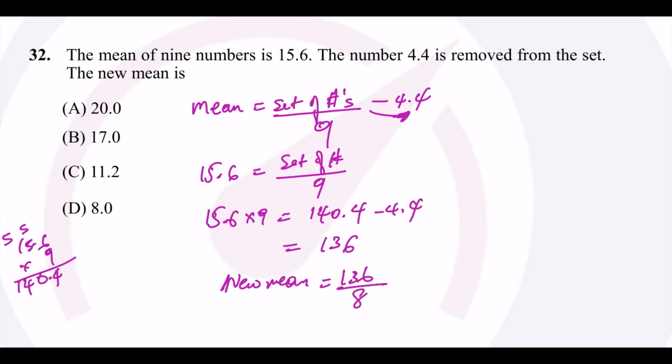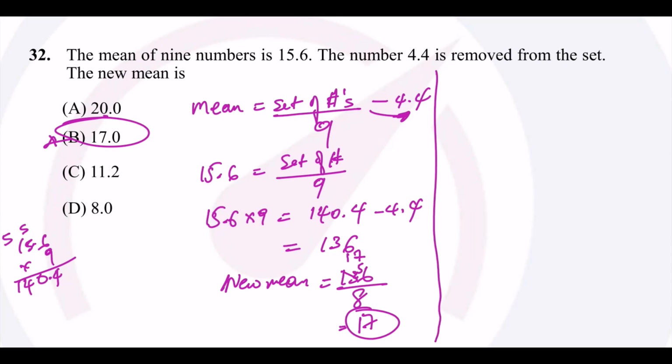So we have 136 divided by 8. 8 into 13 goes 1 time, remainder 5. And 8 into 56 goes 7 times. So our new mean is 17. So our answer would be B.